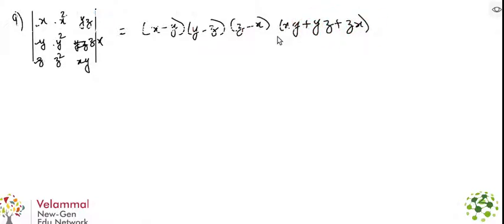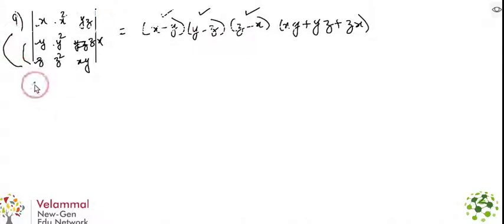So I look at the right hand side, what is asked to be proved. I need y minus z, z minus x, x minus y. When I want to get y minus z, I know I need to subtract these two. Suppose I want z minus x, I need to subtract r3 minus r1.